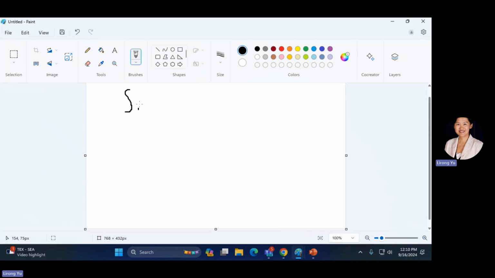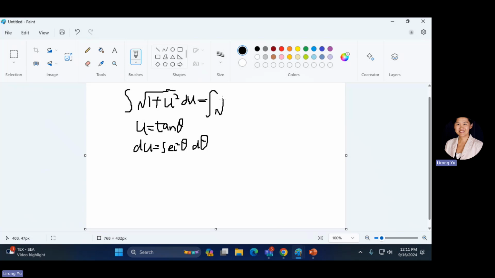If you have to integrate root of 1 plus u squared, you derive the formula yourself. Make u equal to tangent theta, because 1 plus tangent squared is secant squared theta.